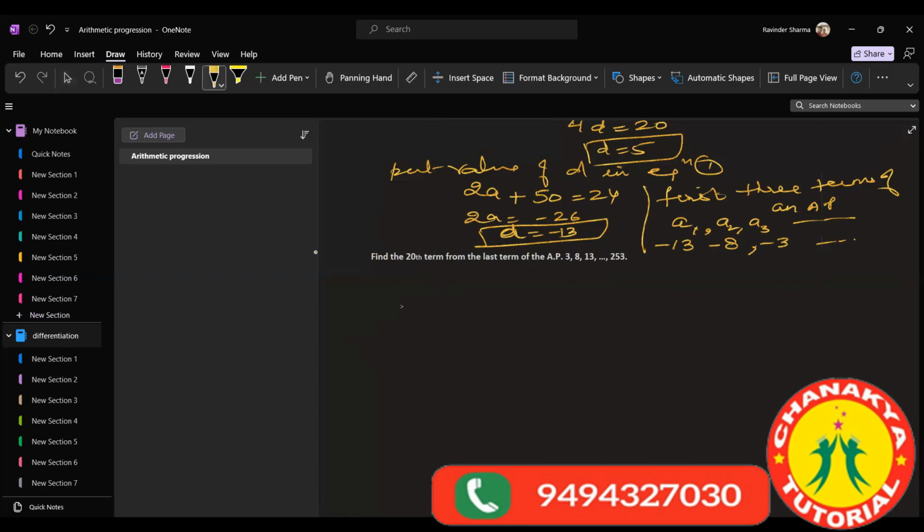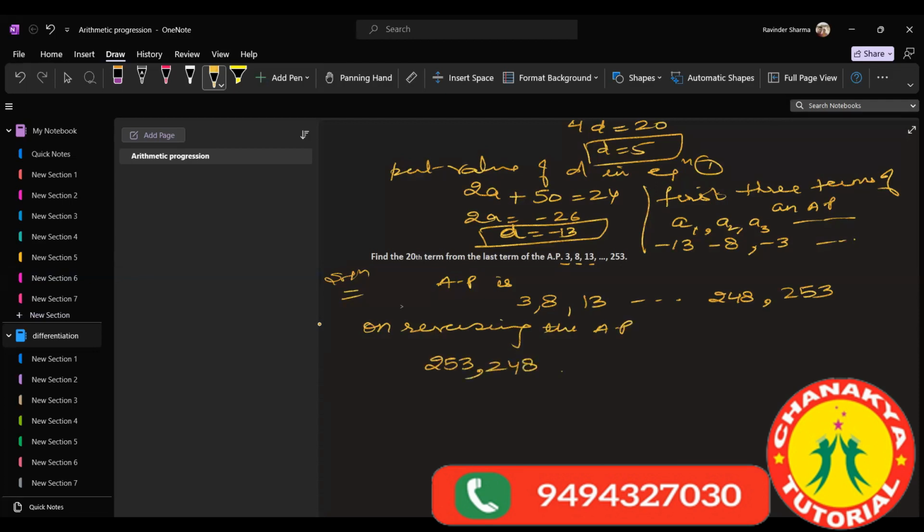So for the 20th term from the last, we can reverse this. If you see, there is a difference of 5, right, beta? So if you observe, you can write this AP as 3, 8, 13, then 248, then 253. Right, beta? Now reverse this AP. I will tell you both the methods. On reversing the AP, because we want from the end, we get 253 and then 248, then 243, and so on.